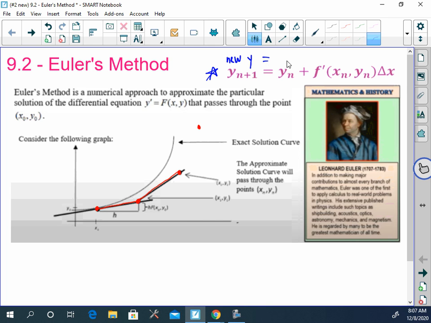What you do is you take the old y value, the y before it, and then we add the slope at the old point times the step size, and the step size is always going to be given to you in the problem.